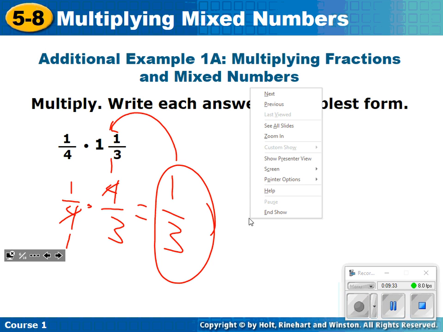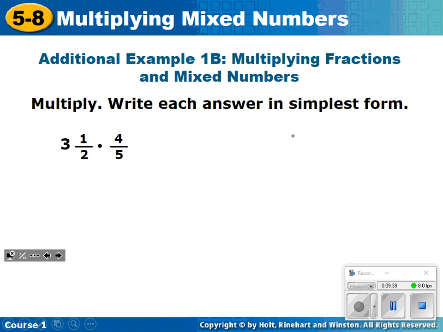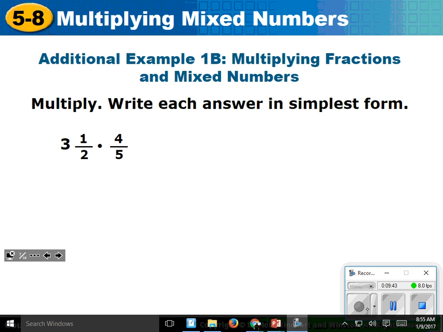Okay, so on your whiteboards, why don't you try this one? 3 times 2 is 6, plus 1 is 7, so we got 7 over 2 times 4 over 5. Check our diagonals.